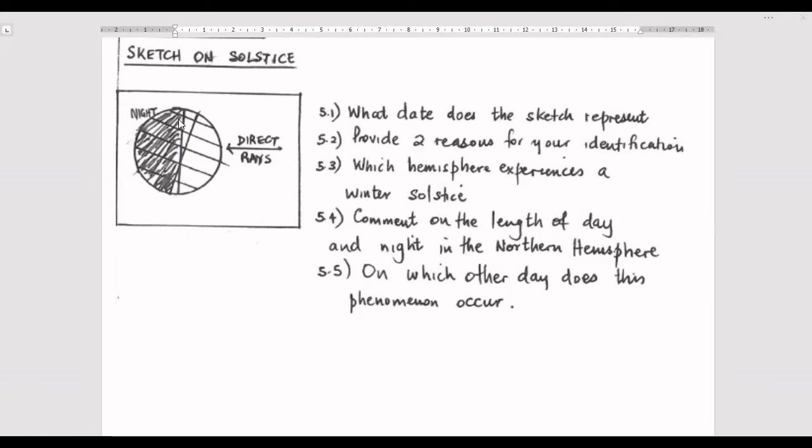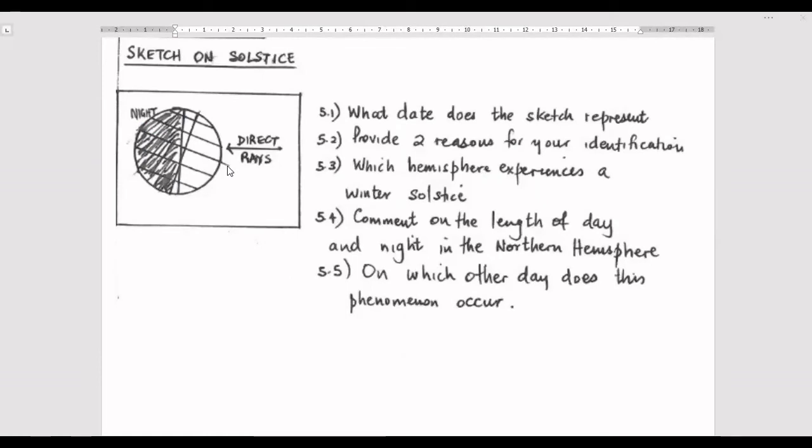Now, solstice can be a winter solstice or a summer solstice. Let's check where the sun is striking. There's the equator, all the way here. Where is the sun striking?